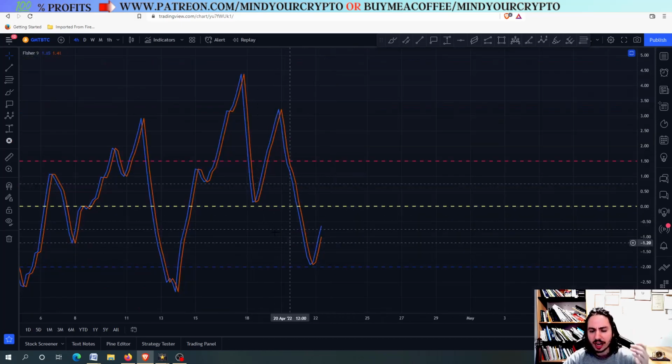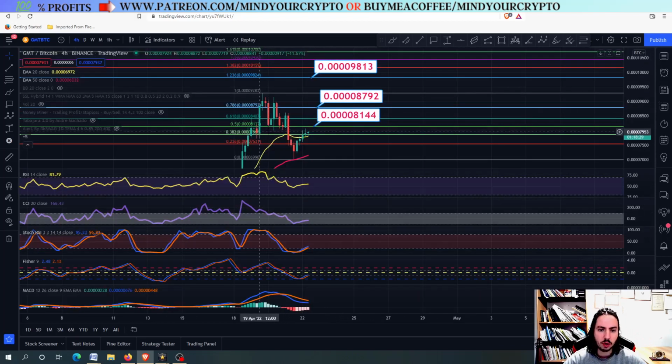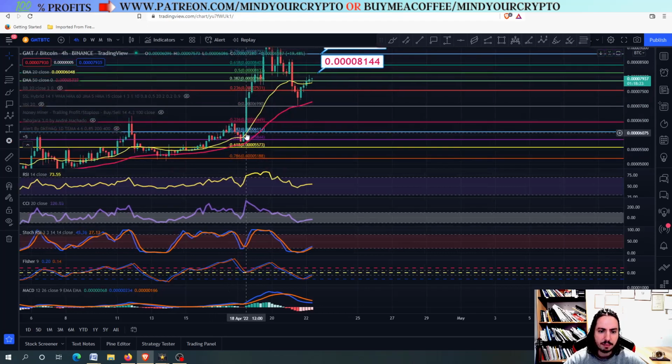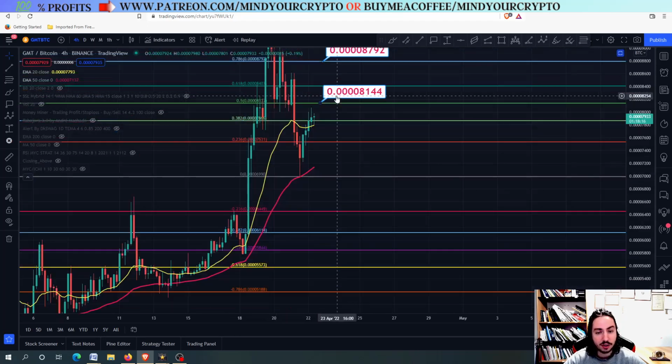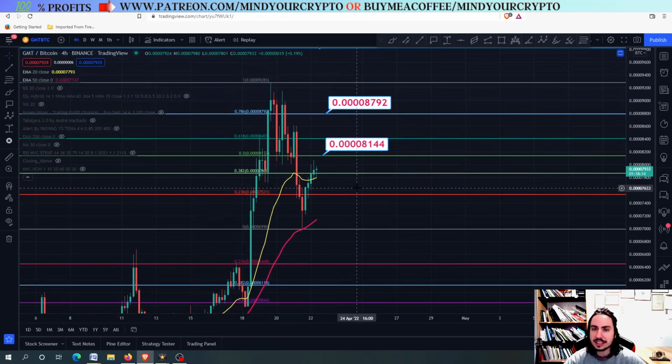At the same time, we have a lower low in the Fisher transform, while here you can see that from this low right there, here we go back, look at that. Back here, okay, this was a low, we have a lower low, but at the same time, look at that, we have a higher low in the price, and therefore this is good. This indicates a hidden bullish Fisher transform divergence.